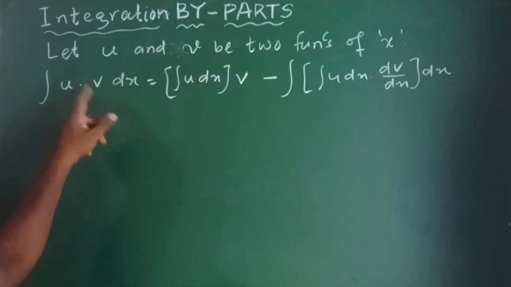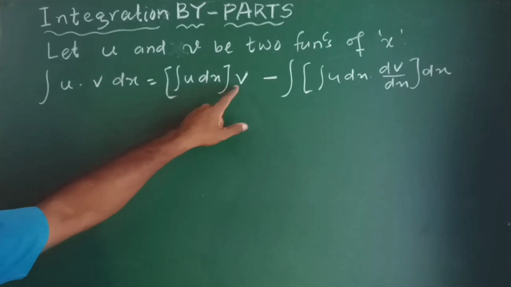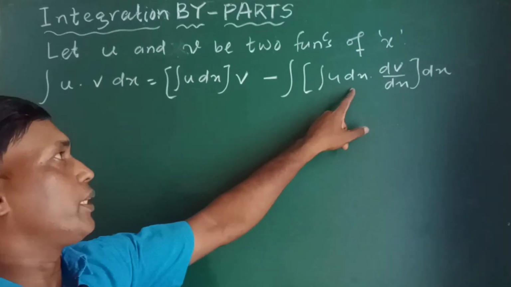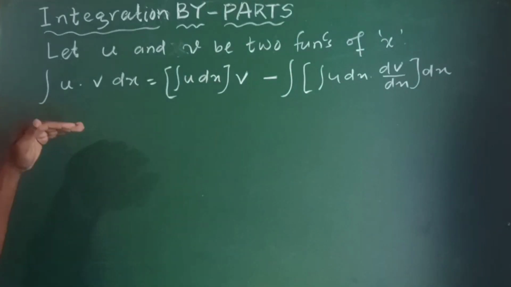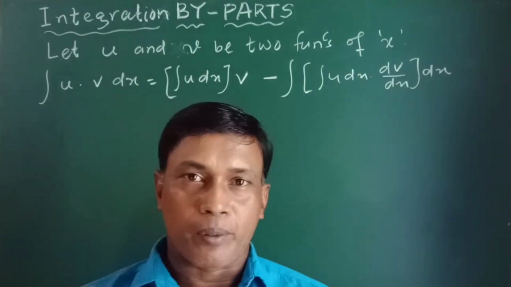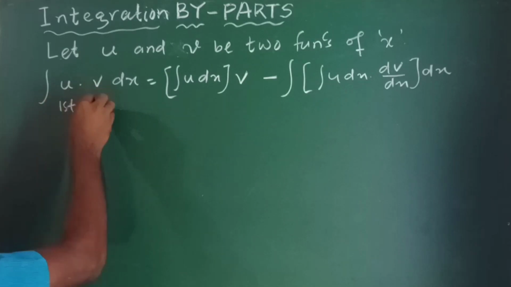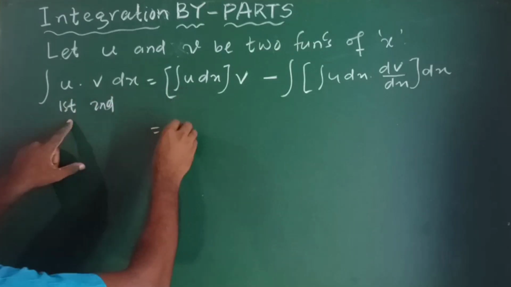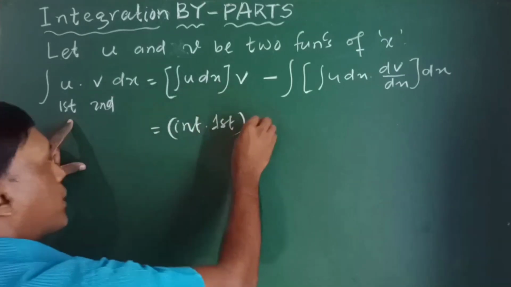Here the two functions are u and v, and the integration of the product is integration of u into v minus integration of u into derivative of v. We can also state this formula in another way. Suppose u is the first function and v is the second function. So the formula is integration of first function into second.